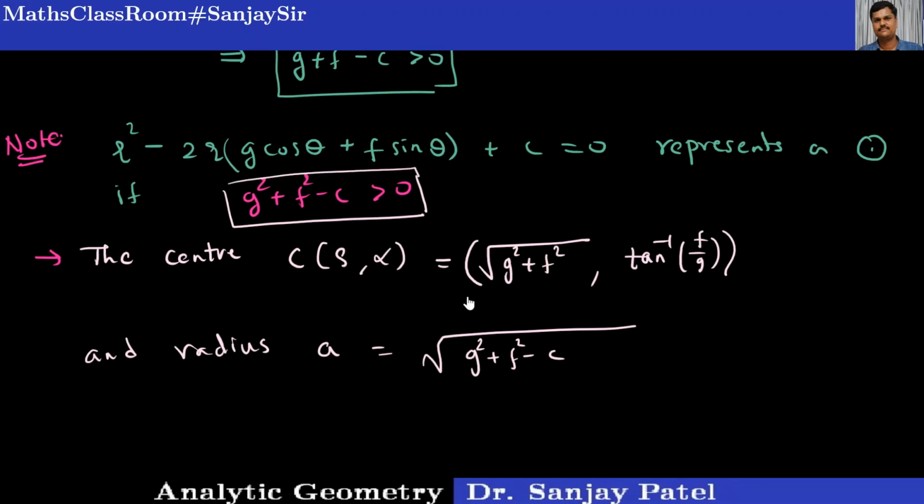Once this is satisfied, you can say it is a circle, and these two formulas give you the polar coordinates of the center, and the value of the radius. Okay.